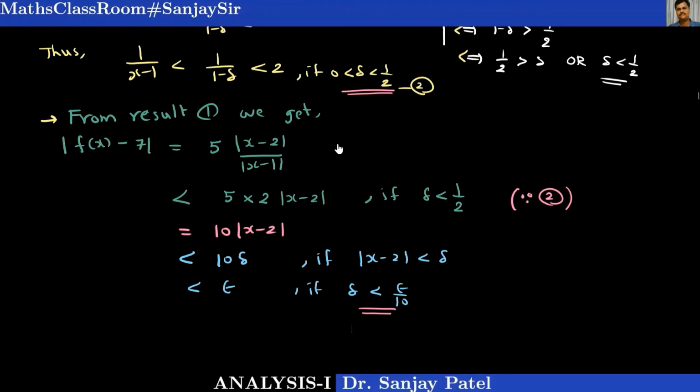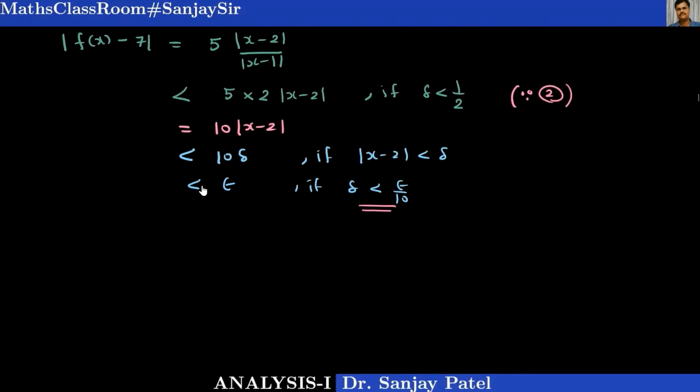So what should be taken as the final value of delta? See, if you have two conditions, one condition is true for all numbers less than 1 by 2, and another condition is true for all numbers less than, say, 3, then what you should do? You should take the minimum of the two numbers.